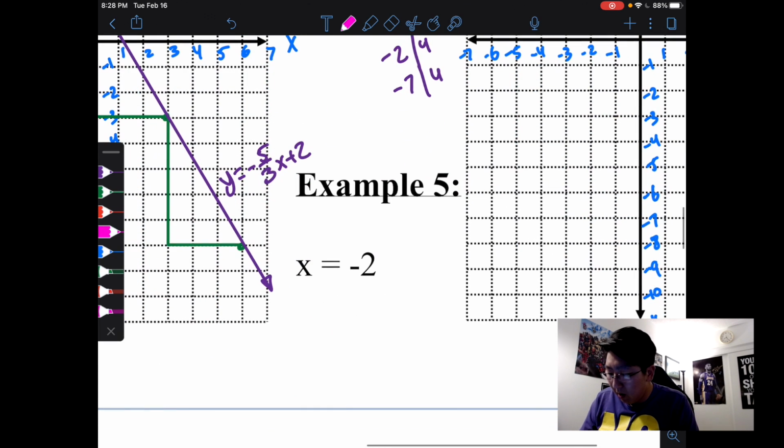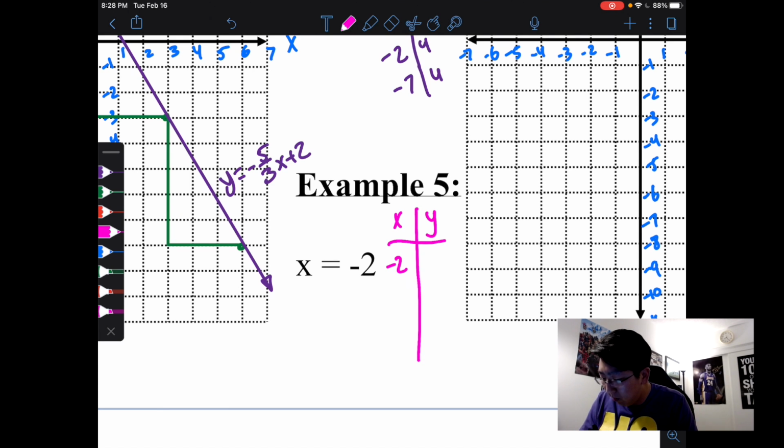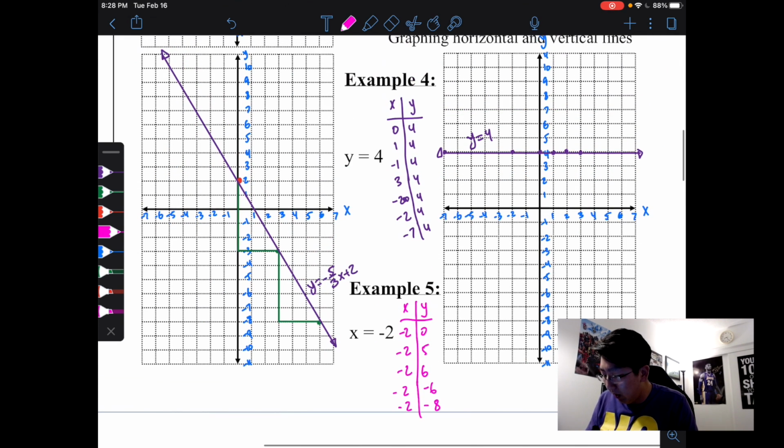X equals negative 2, so I'm going to come up with an x and y table where x equals negative 2. So negative 2, 0, negative 2, 5, negative 2, 6, negative 2, negative 6, negative 2, negative 8. And let's go ahead and plot those points.